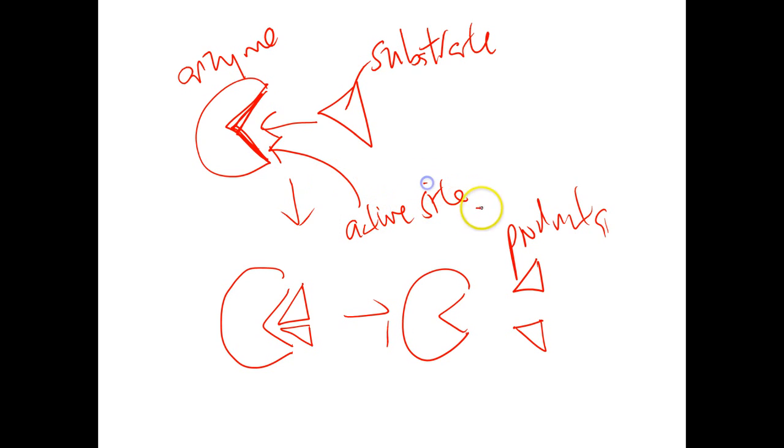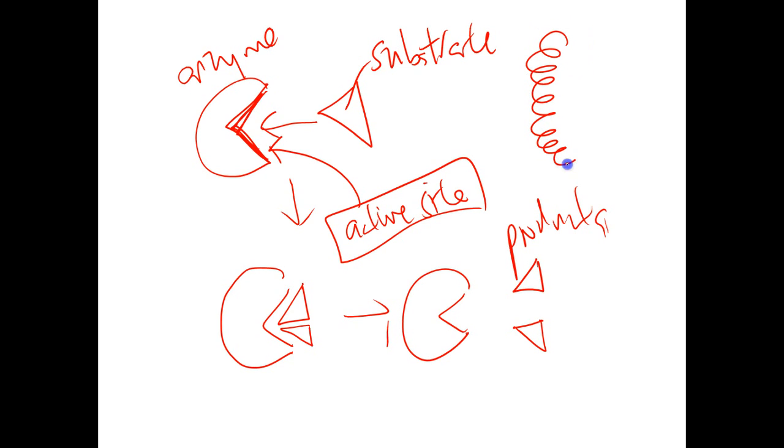So how does the active site come about? It is because of the configuration of the protein. It may be the tertiary structure, it may even be the quaternary structure. So the protein that makes up the enzyme has a structure like this. The first structure is the long chain formed by the amino acids.